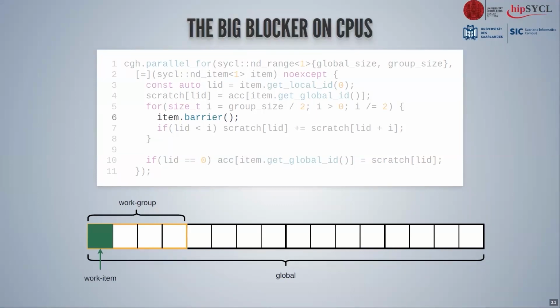The semantics of this barrier are that if one work item of a work group reaches this barrier, then all the other work items of the work group have to reach the barrier before execution of the kernel may continue by any of the work items. This requires that if one work item reaches the barrier, all the other work items still have to be able to make forward progress to actually reach this barrier.